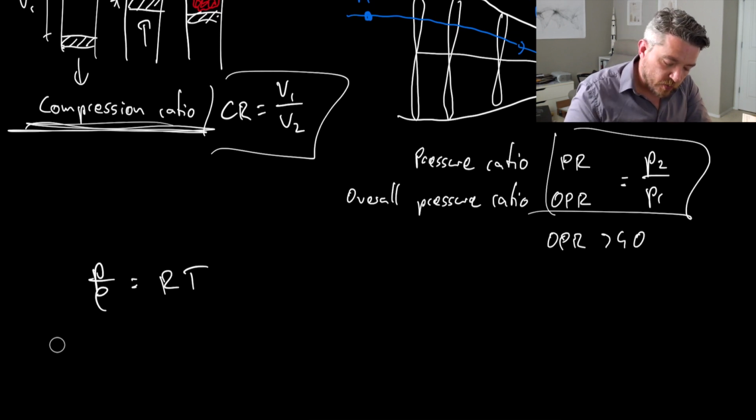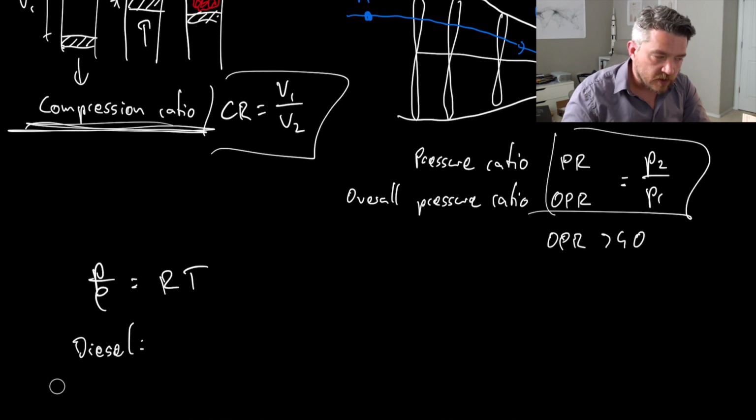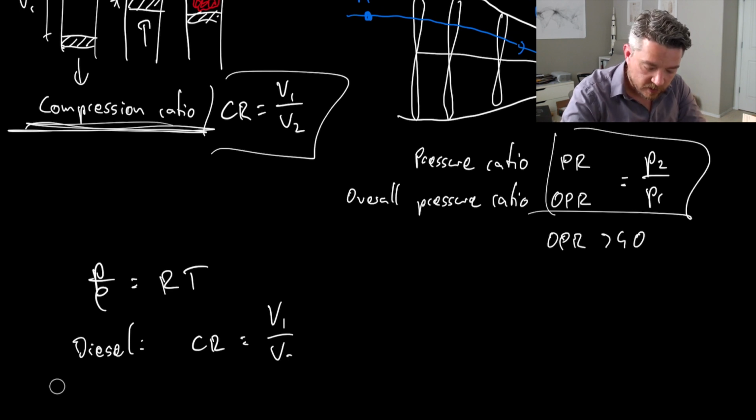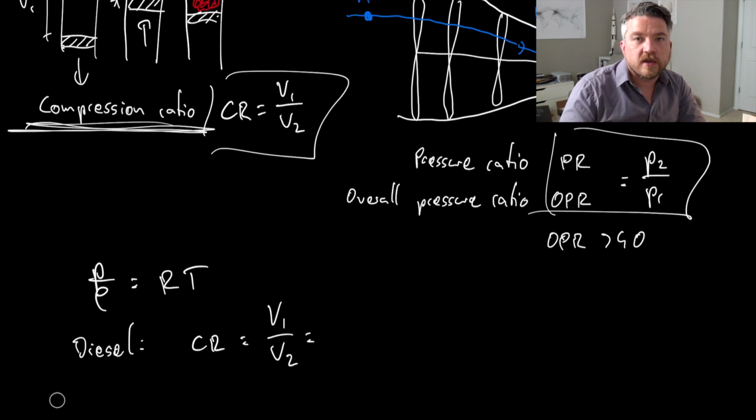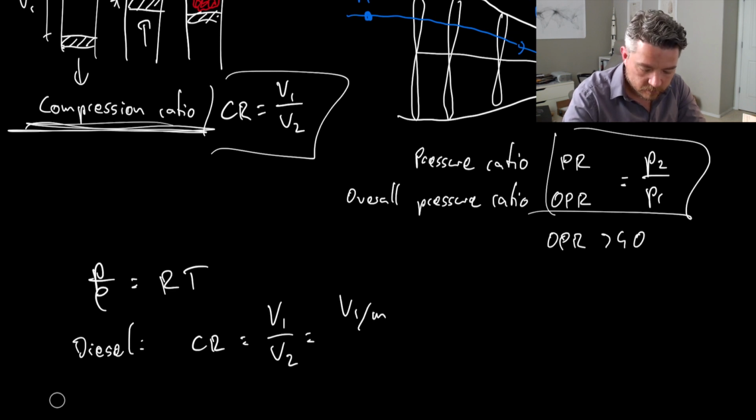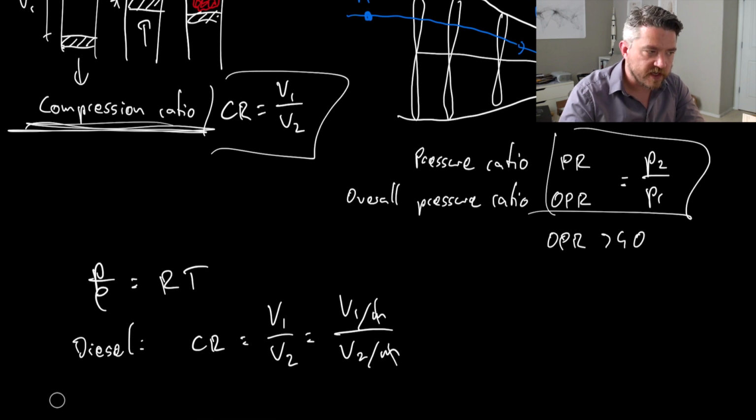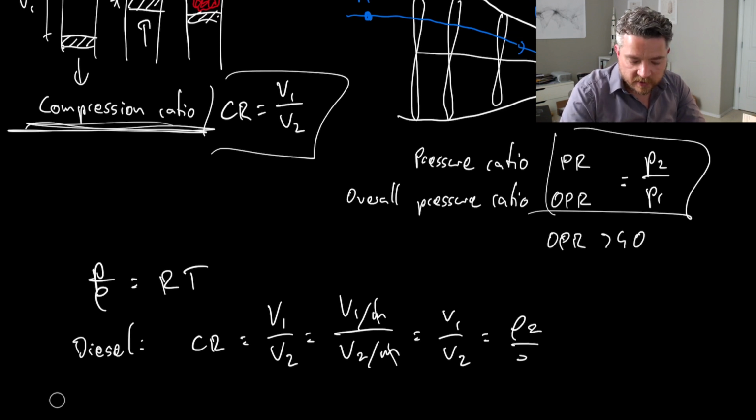So for example, when we now look at a diesel engine, we know that we have a certain compression ratio. And as I said, that is the volume ratio. Now, as the cylinder is closed, the mass does not change. So we can factor out the mass here, same on both sides. We end up with a specific volume ratio, and that's just the inverse of the density ratio.